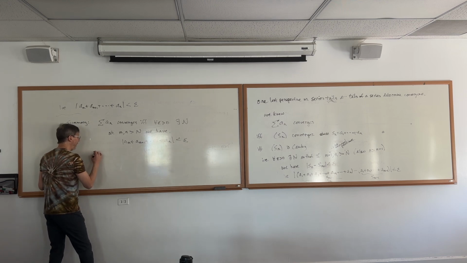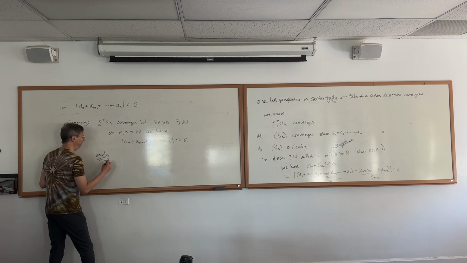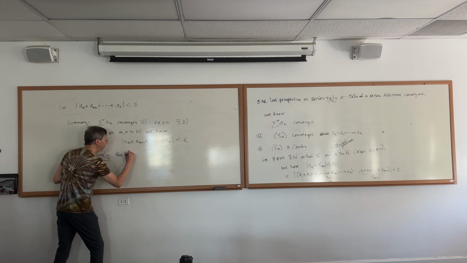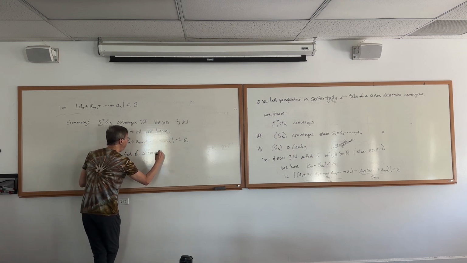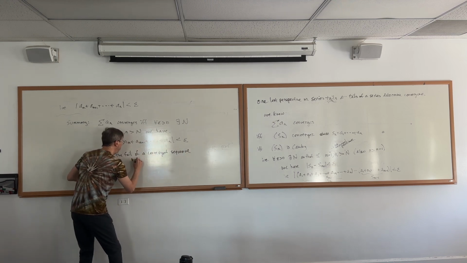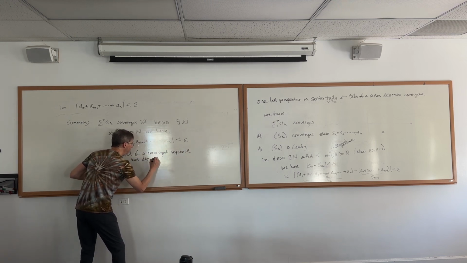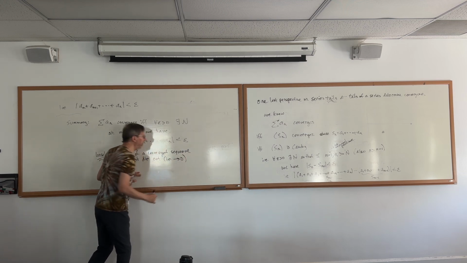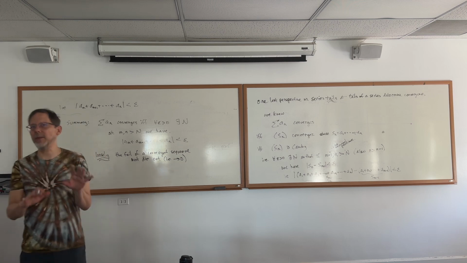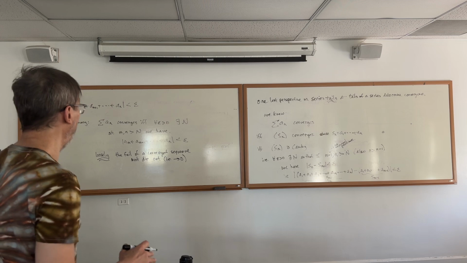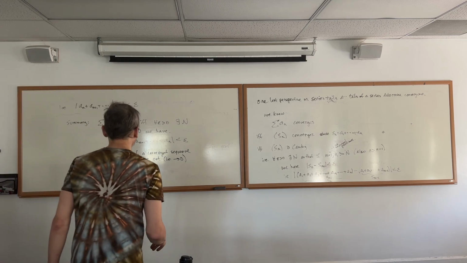So loosely, the tail of a convergent sequence must die out, i.e., head to zero. We kind of knew that, but this is a much more open interpretation that's actually going to help us prove a couple of things much more easily.